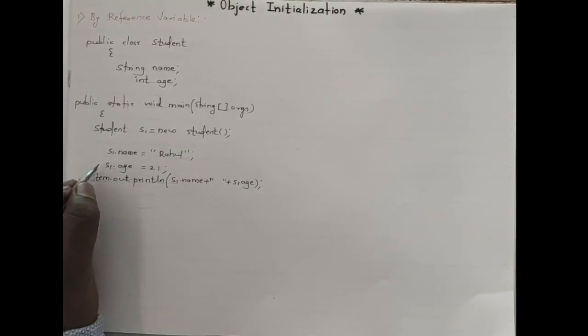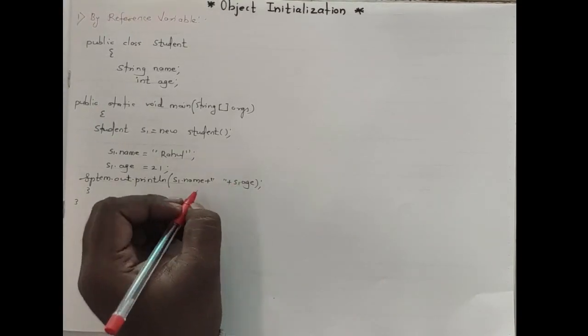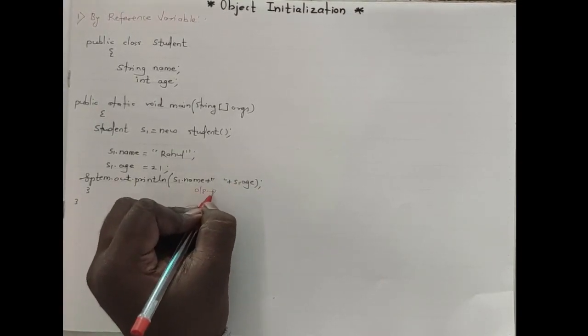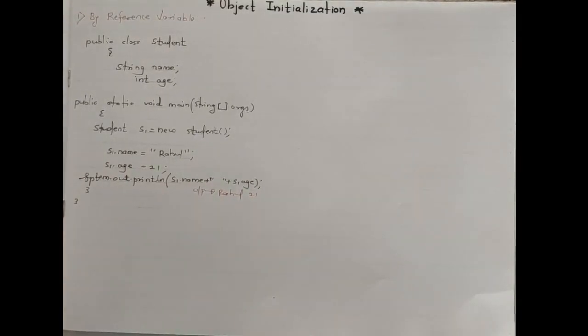Then close that method and close the class also. In output we get Rahul and 21.